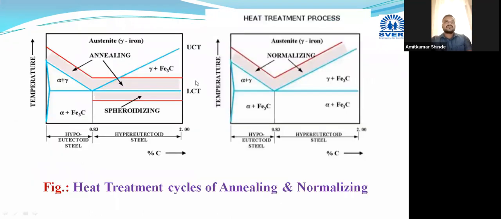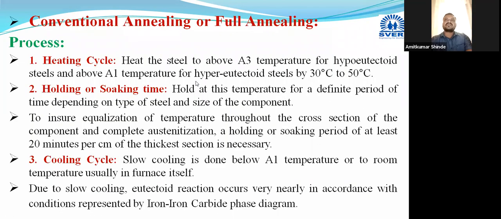Suppose a 1 centimeter cube shaped sample is there, 1 centimeter thick, then 20 minutes soaking time or holding time is provided. And after sufficient holding time, we are removing that sample from the furnace.